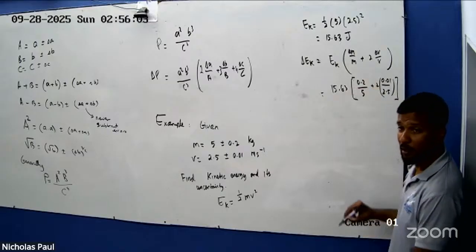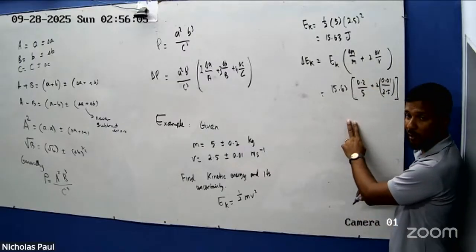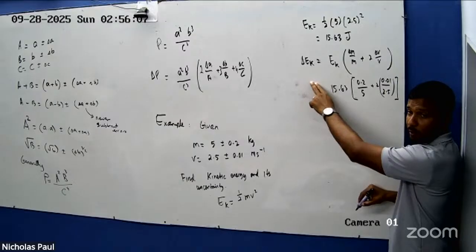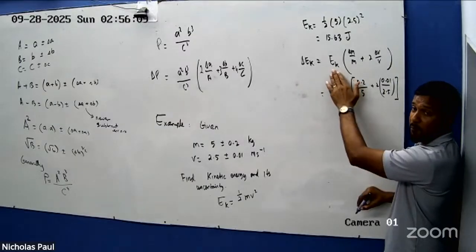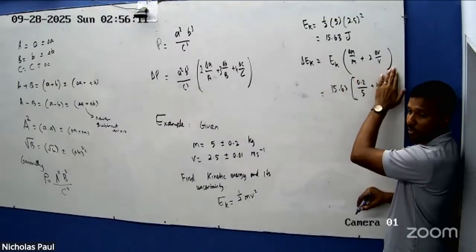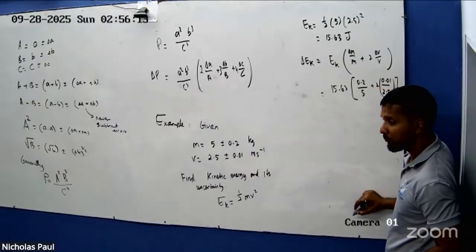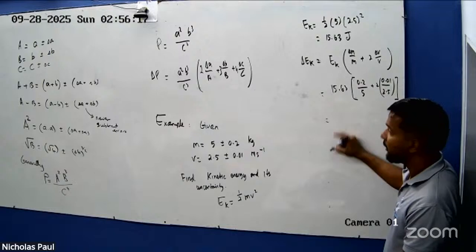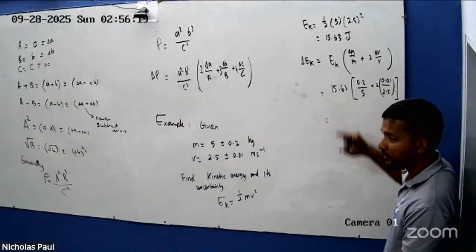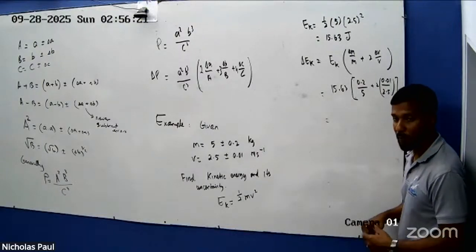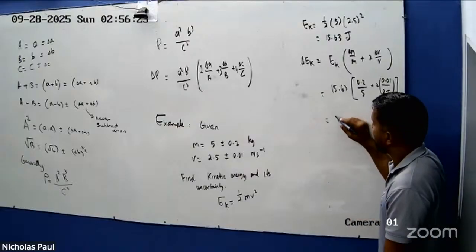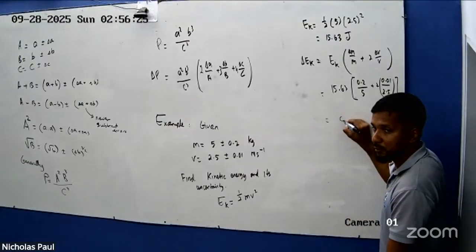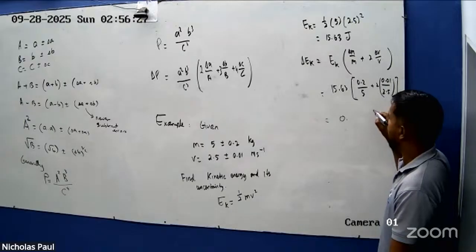When you work this out, that will be the error. So it's simply the value you got multiplied by the fractional errors. Tell me how much you get. Of course, it should be much smaller than this. How much? 0.75.